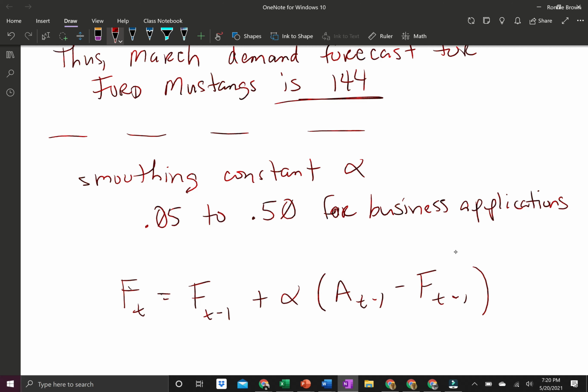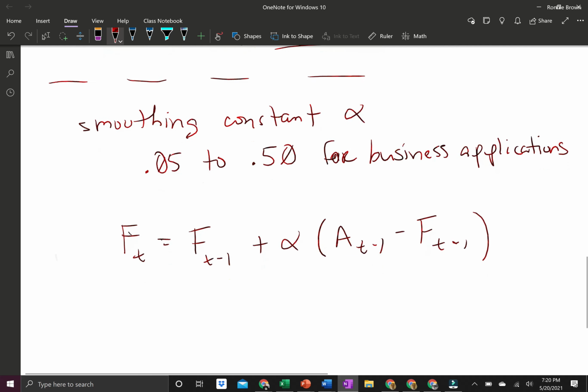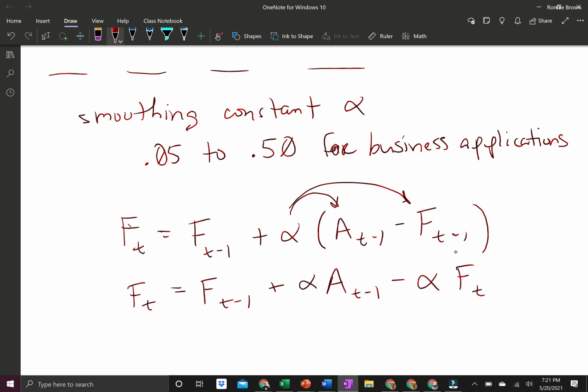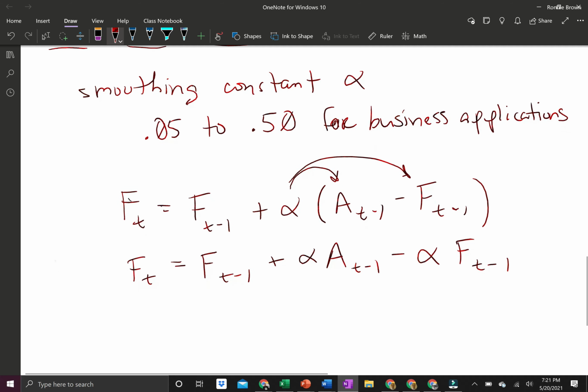Now, if alpha reaches an extreme of 1.0, then let's see what occurs. I think here we can go ahead and distribute before I substitute. So f sub t equals f sub t minus 1 plus alpha times a sub t minus 1 minus alpha times f sub t minus 1.